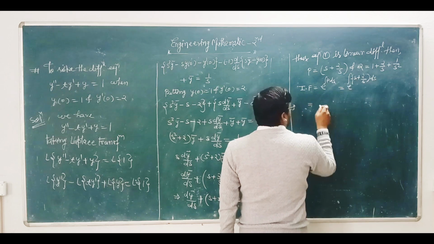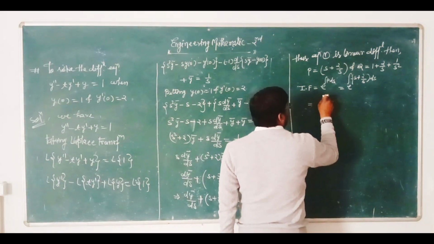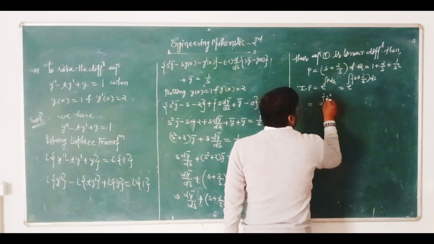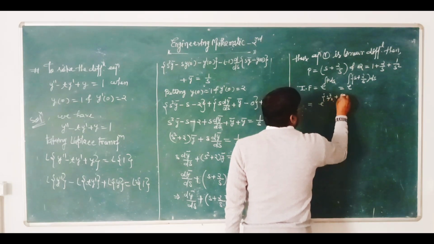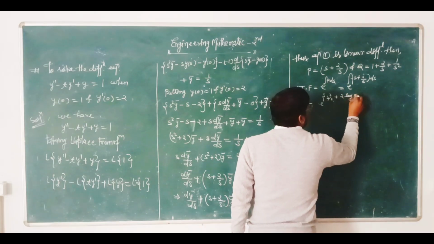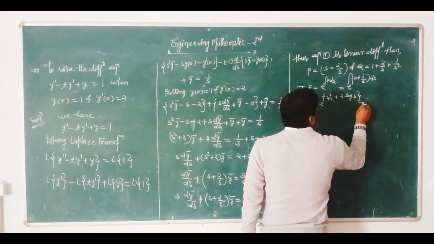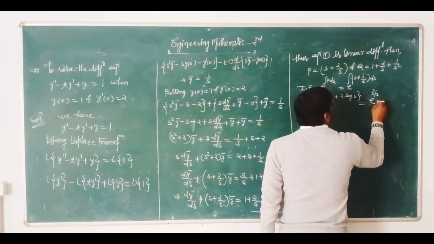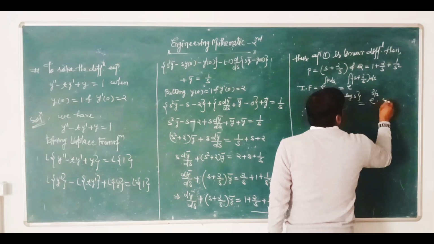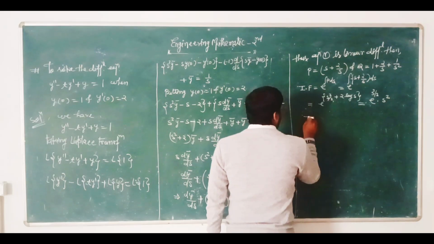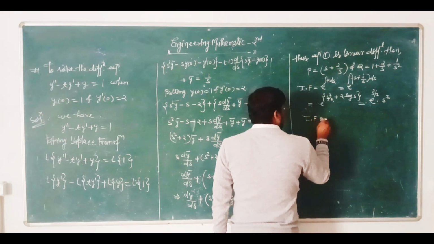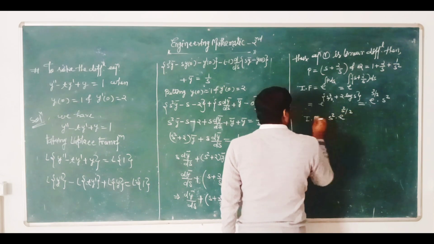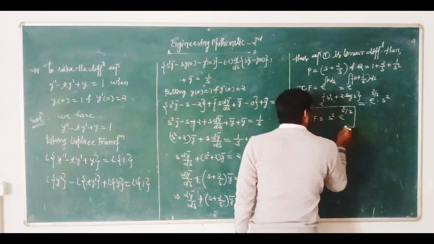This is e to the power bracket s square by 2 plus 2 log s. Now you can write e to the power s square by 2 into s square. This means IF is equal to s square into e to the power s square by 2. This is IF, the integrating factor.